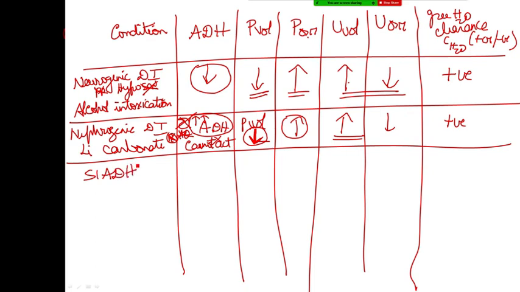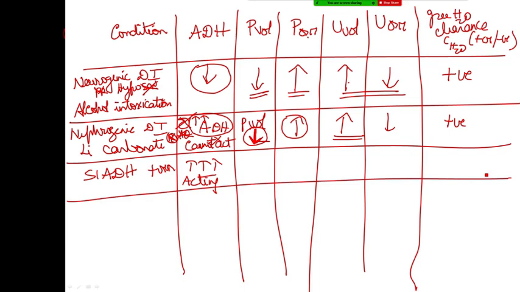SIADH, you have a tumor which is secreting too much ADH, which is acting. There's an overproduction of ADH and hypersecretion of ADH. It can be a tumor of the posterior pituitary, hypothalamus, or carcinoma of the lungs, small cell, due to which water is getting reabsorbed or excreted? Reabsorbed. So what will happen to your plasma volume?